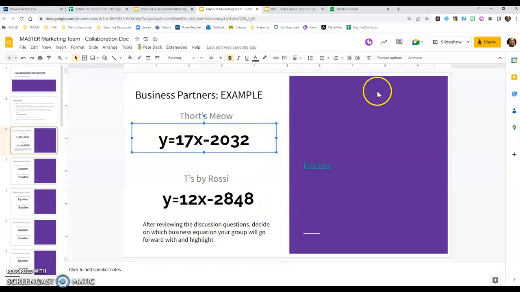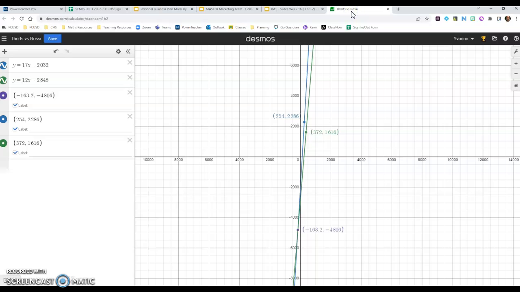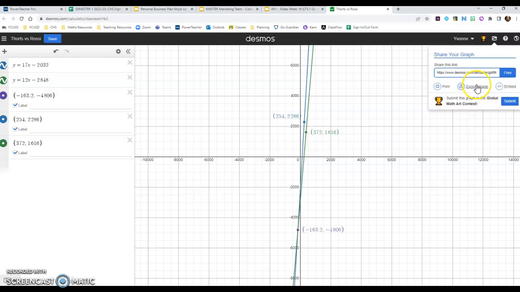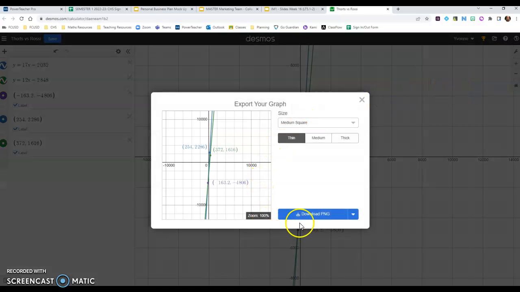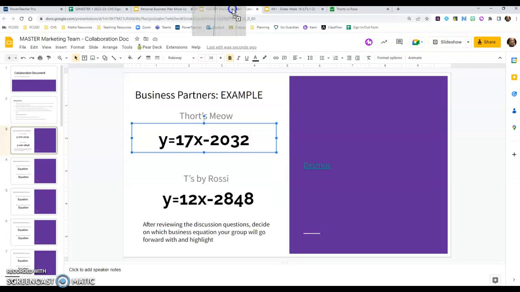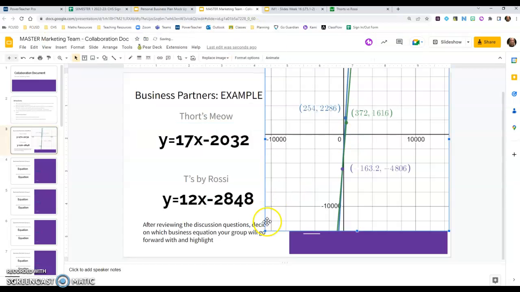So I need to come back to my Desmos and share my graph. I'm going to export it. I'm going to just drag it. Boom. Resize it.